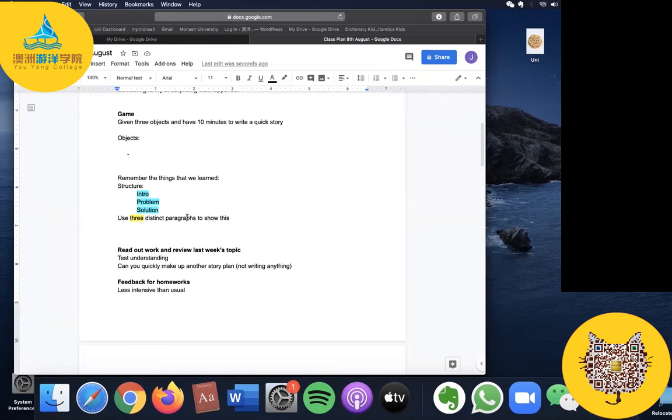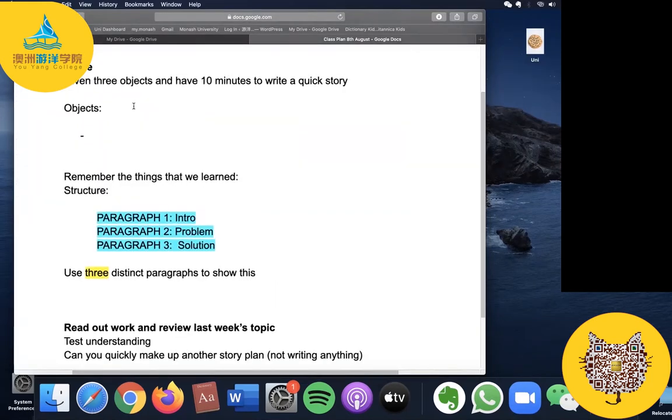In your second paragraph, you're going to be making the problem of the story. What goes wrong? What happens? And your third paragraph is how the problem solves, how you get your happy ending or sad ending, whatever you want. Okay, your timer starts in 3, 2, 1.